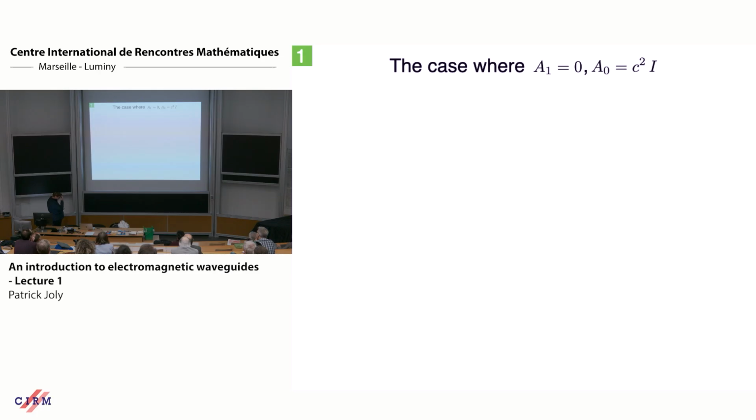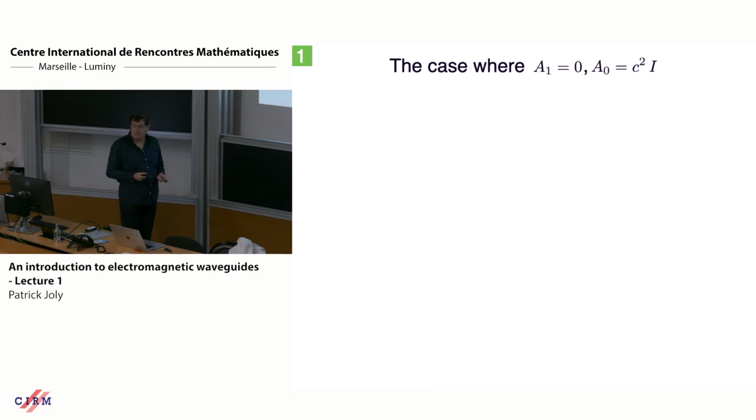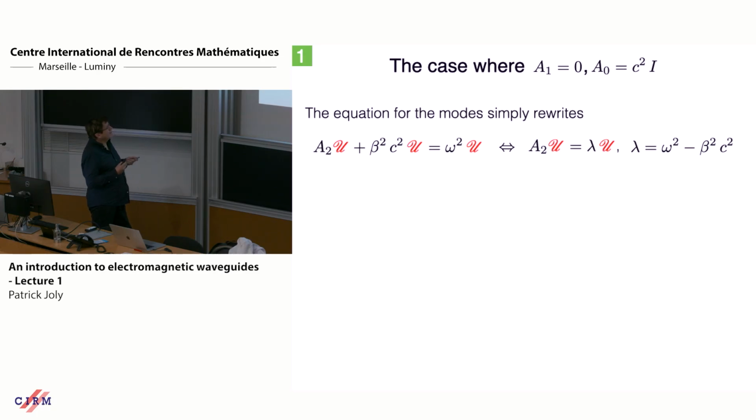There is an even simpler case that we will meet, when the operator A0 is proportional to the identity. So C is a positive constant. In that case, because A1 is beta square, it is C square, and the eigenvalue problem can be written in a way where beta and omega play a very symmetric role.